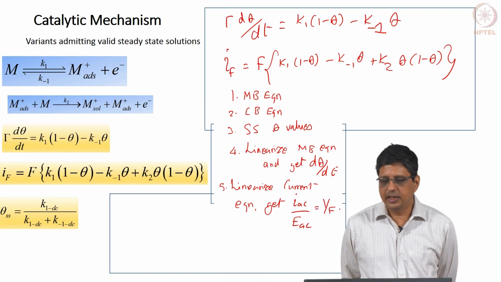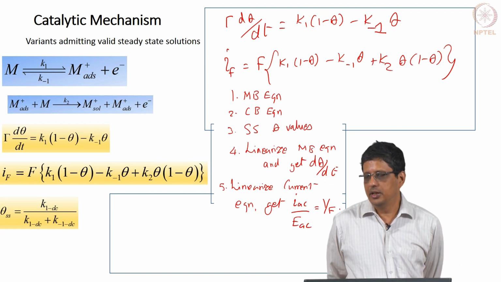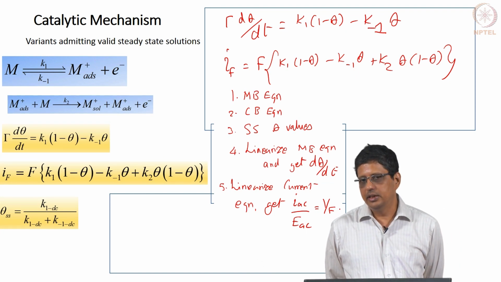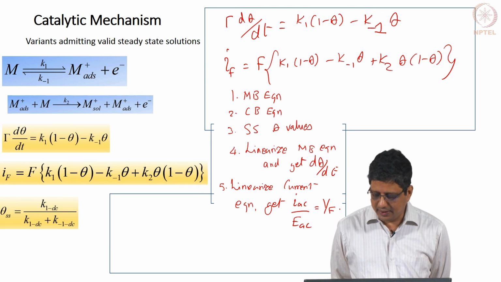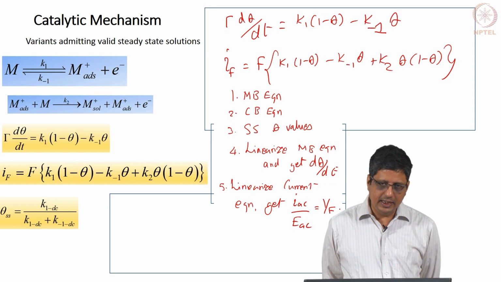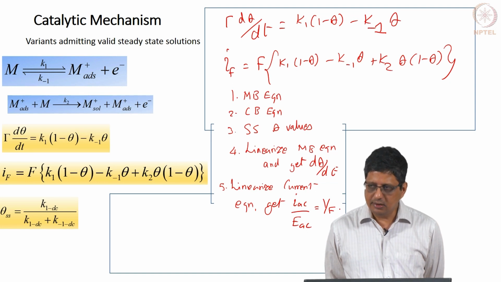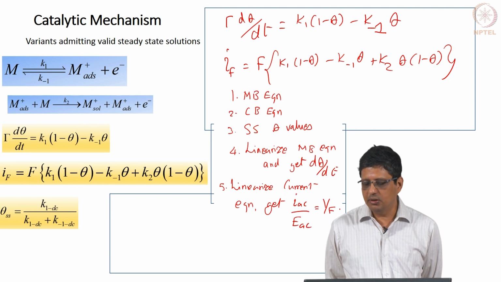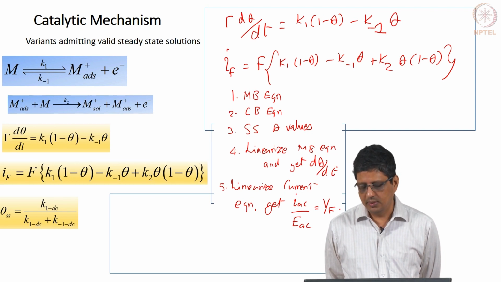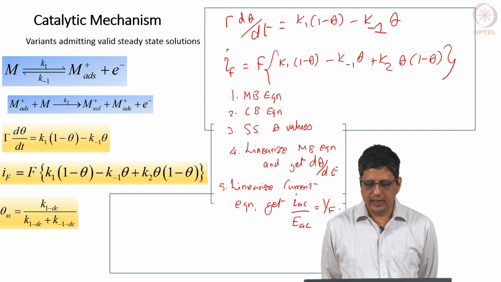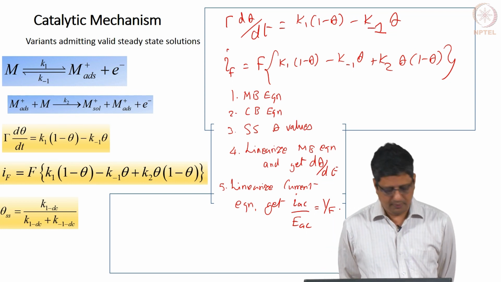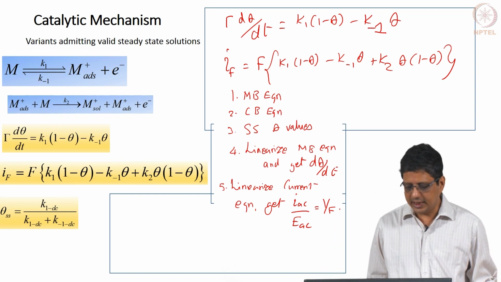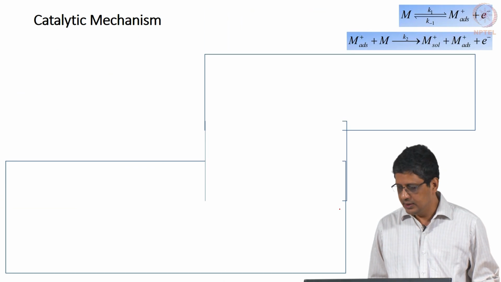You got the mass balance equation, you got the charge balance equation and you can do the steady state theta value by simple rearrangement. I would like you to get d theta by dE. This is also similar to what you had done for one adsorbed species. So, please go ahead and write the equation for d theta by dE by taking this mass balance equation and expanding it in Taylor series, truncating it.